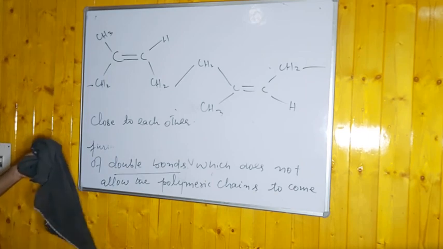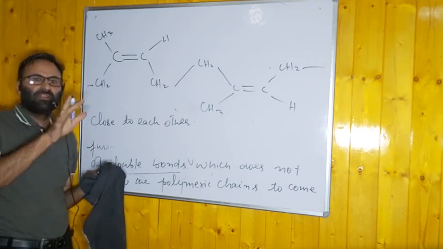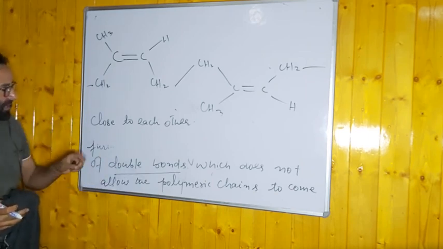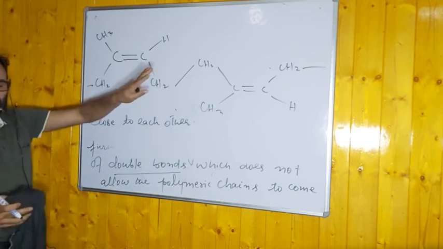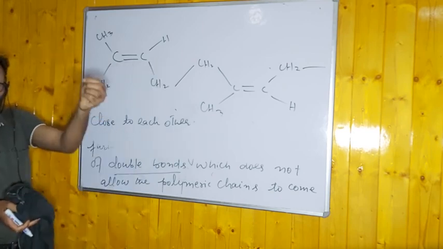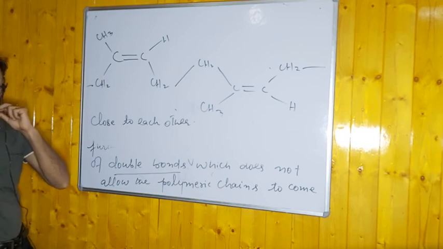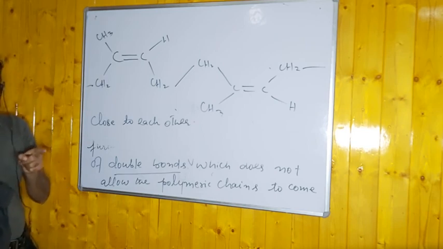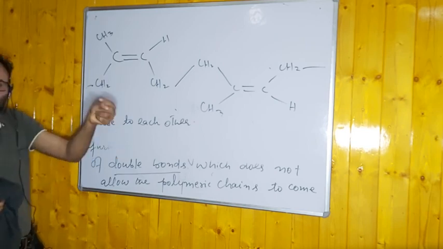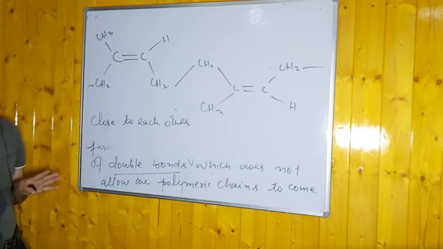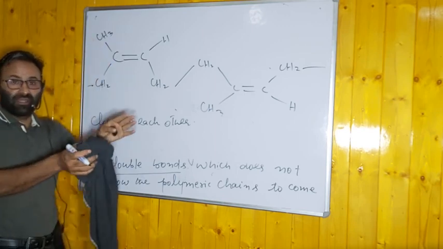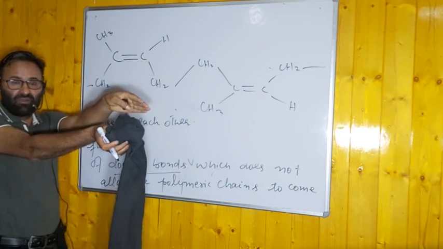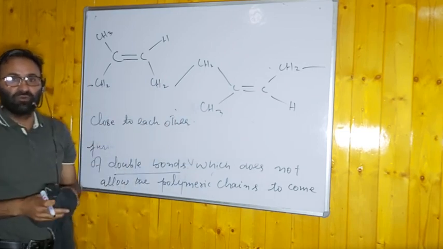This is the first point, or you can say second or third point regarding the nature of polymer. There are no polar groups, hence the interaction between the polymeric chains is weakest, of the van der Waals type, जो आपने elastomer में पढ़ा है. Now the second point is this interaction gets further decreased by the cis orientation, because the cis stereochemistry does not allow the polymeric chains to come close to each other.